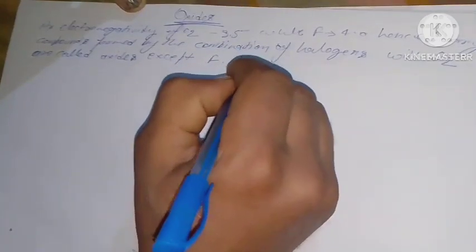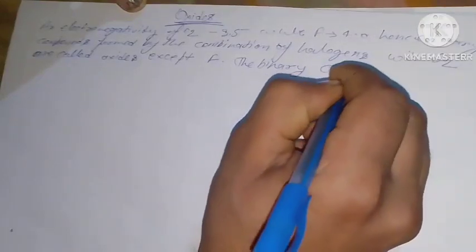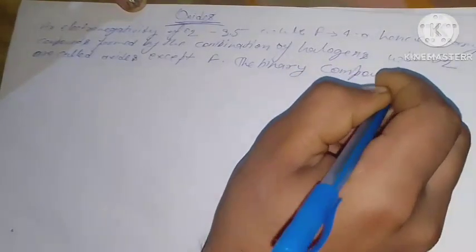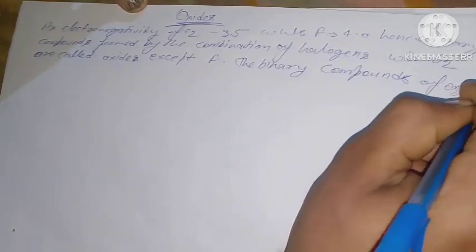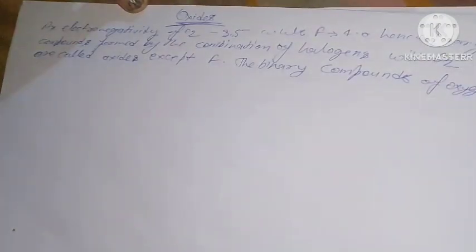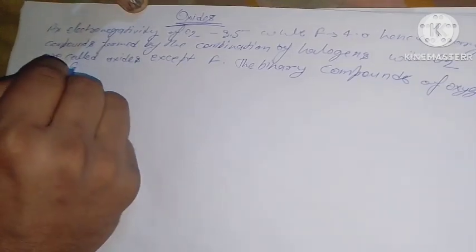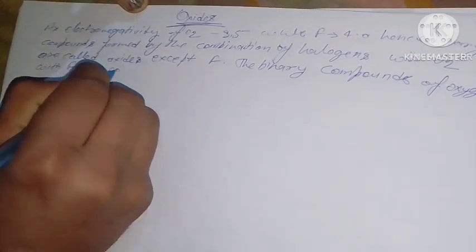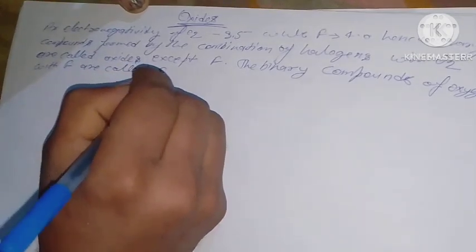The binary compounds of oxygen with fluorine are called fluorides.